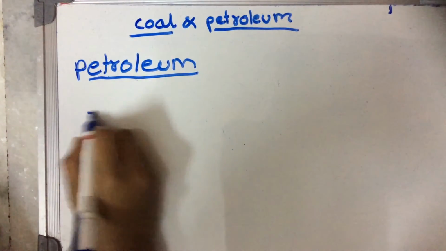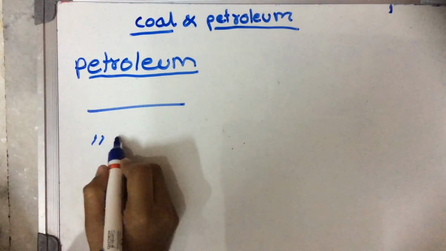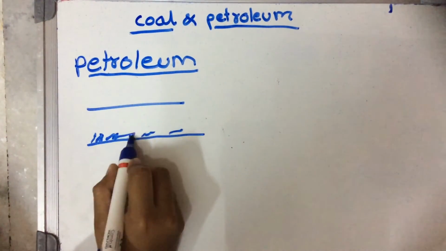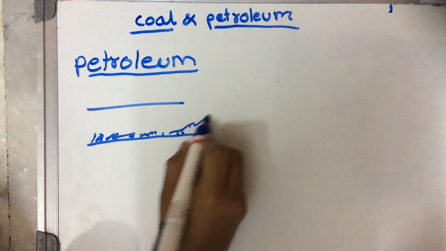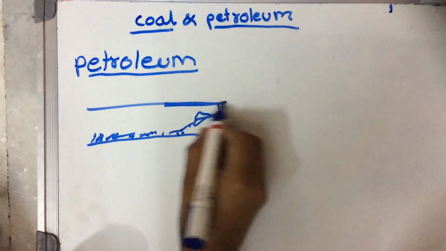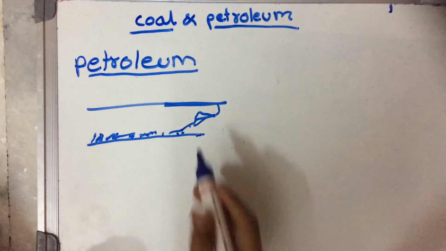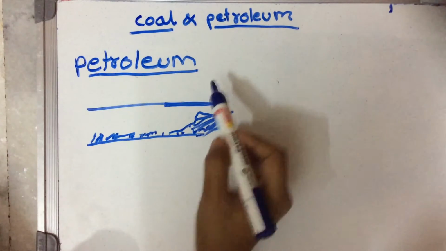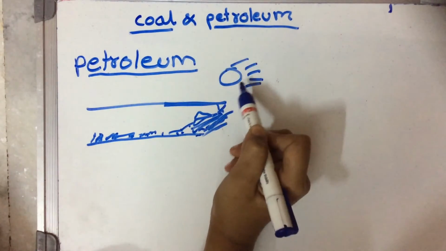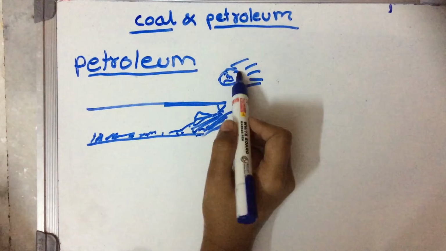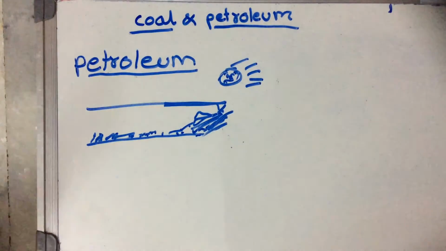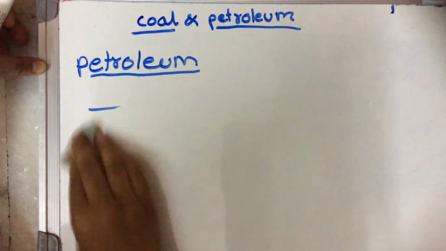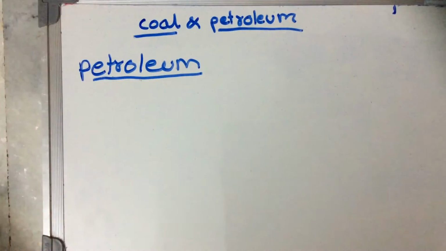Due to some major natural calamity, let's say an asteroid, these small microscopic plants were made into a thin layer.